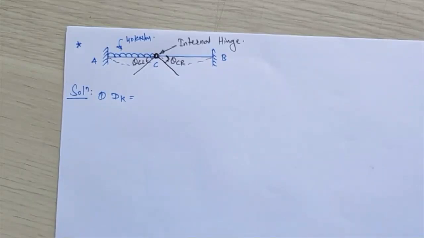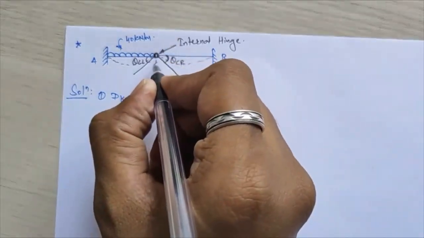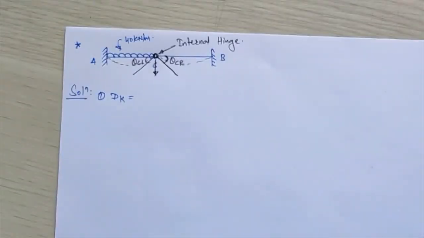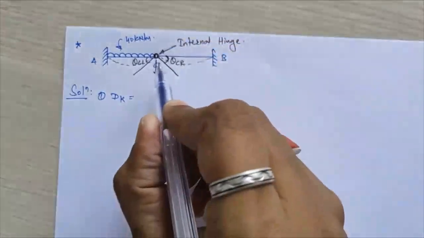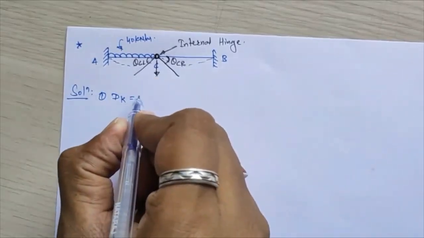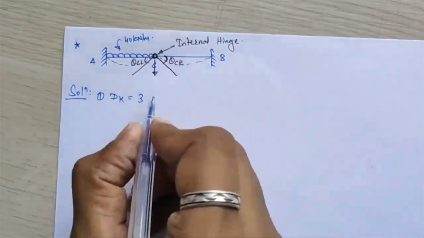Also along with this, the internal hinge will be subjected to either a vertically downward or a vertically upward displacement. So total dk for this becomes equal to 3, and which are those?